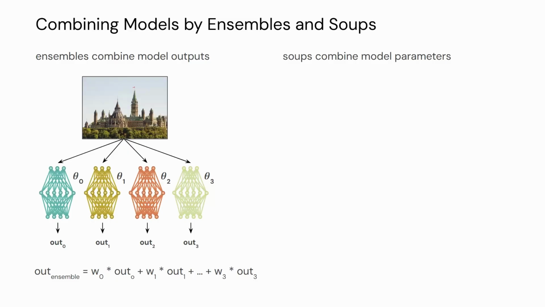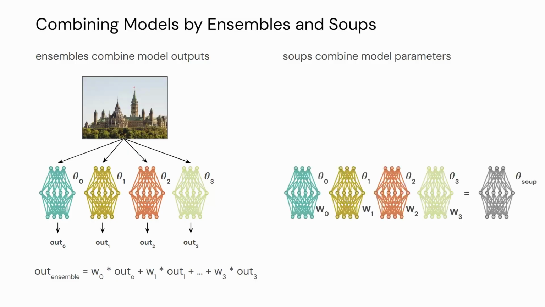Now soups, if you haven't seen them, are also a way to combine, but perhaps surprising. Here, we also have multiple models where we're going to mix not their outputs, but their parameters. We're going to mix all the parameters together, meaning the architectures have to be the same for this operation to even be defined. But if we have a parameter and a weighting, we can mix all these together into a single model with the mixture of their parameters as the effective weights.